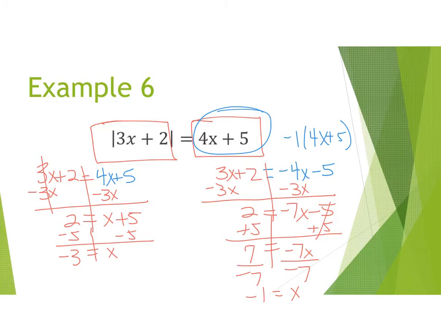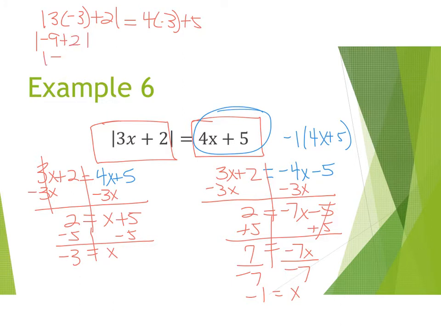All right, now like on all the other problems, I've got to go back and check my answers. So, but not only do I have to substitute it in for x on the left side, I have to substitute that answer in for x on the right side. So now 3 times negative 3 is negative 9 plus 2.